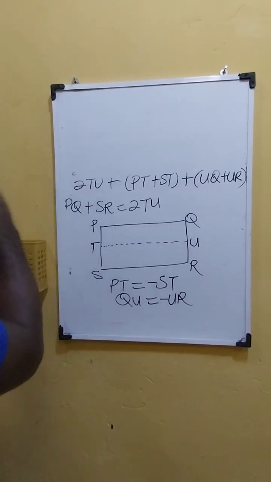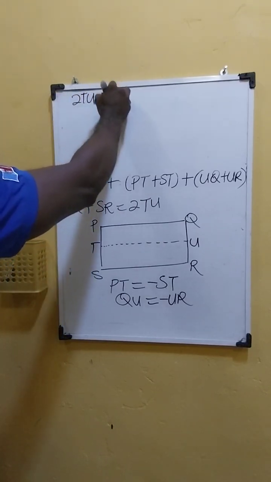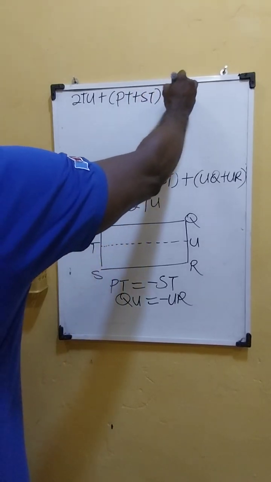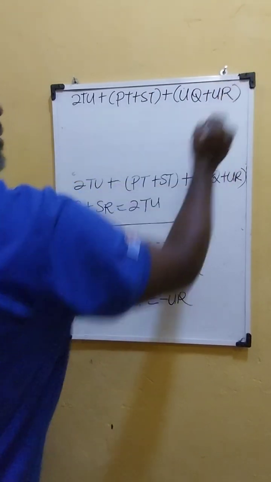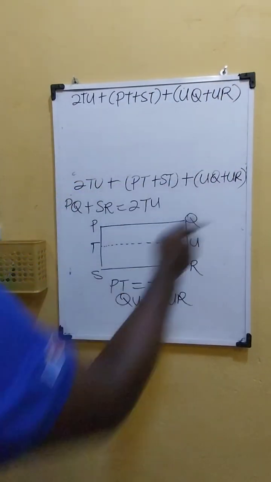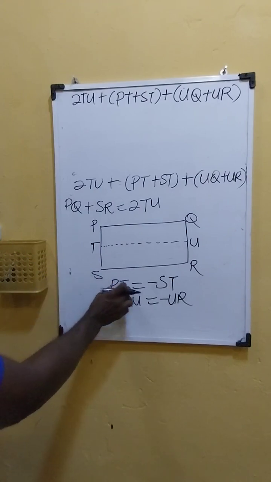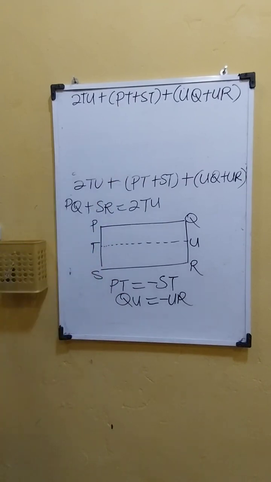So now that we have 2TU plus PT plus ST grouped plus UQ plus UR, what we are going to do now is substitute the values you have for PT and QU into the equation. Are you getting that?